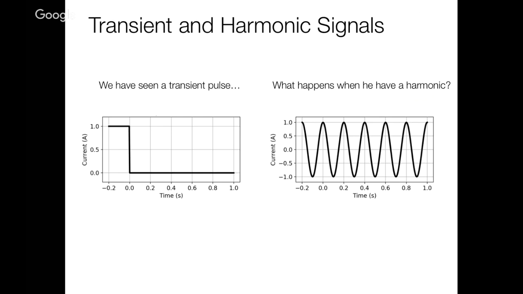So again, here's our primary coil, right? So it gives magnetic flux that goes down.